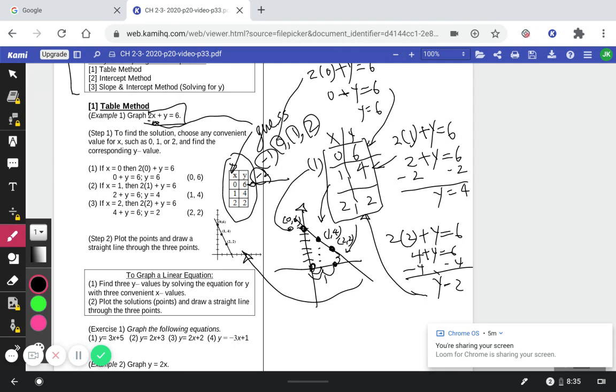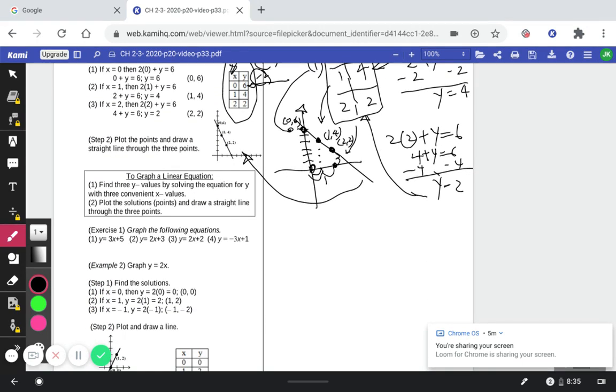The key for this table method is finding a good x value. Now you can try exercise 1 and try those numbers again, like 0, 1, 2, or possibly -1. So pause your video and try to graph this.